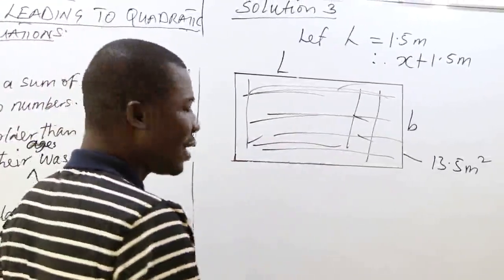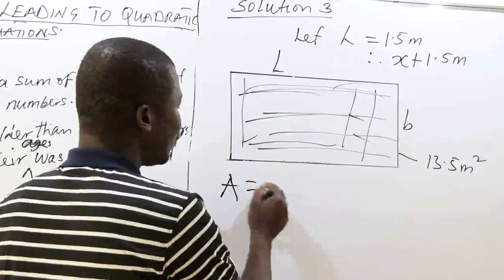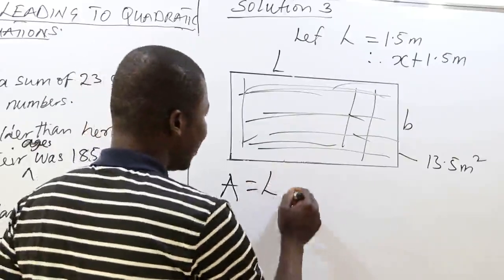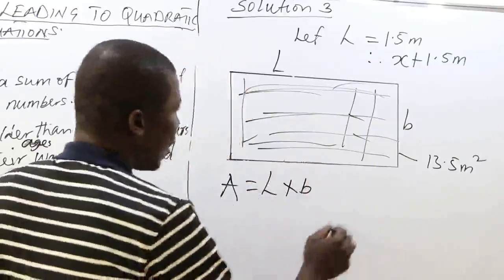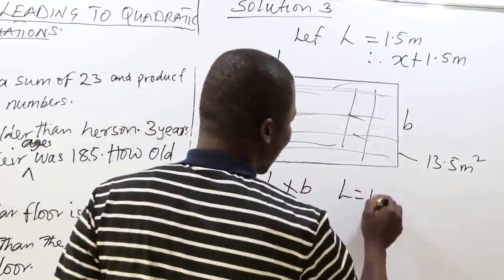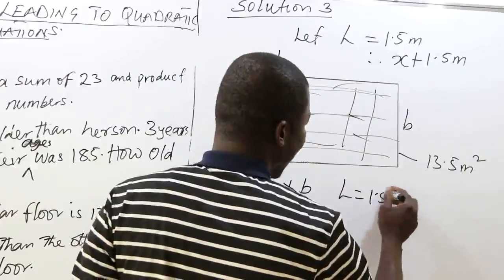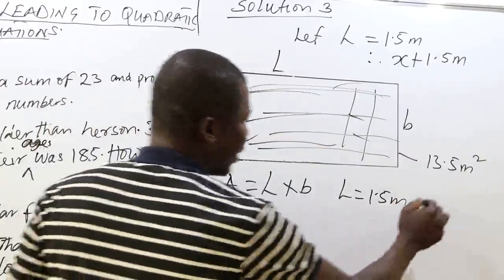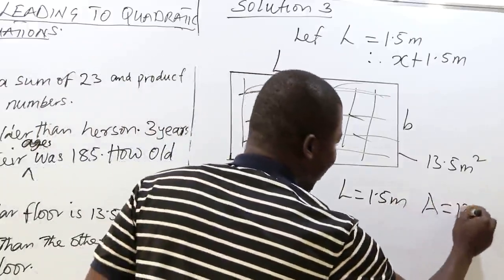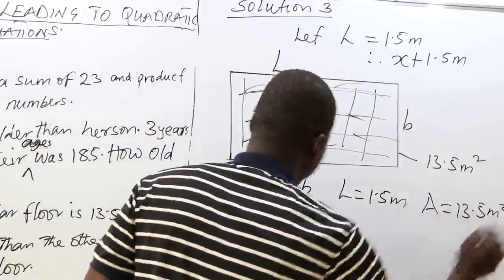And what is the formula? Our A is equal to length times breadth. So our L now is equal to 1.5 meter, while our A is given as 13.5 meter square.